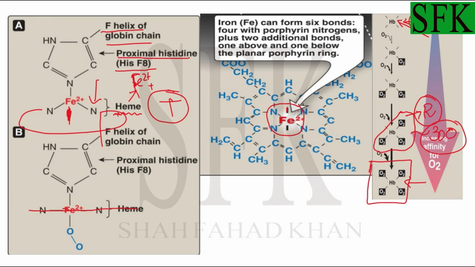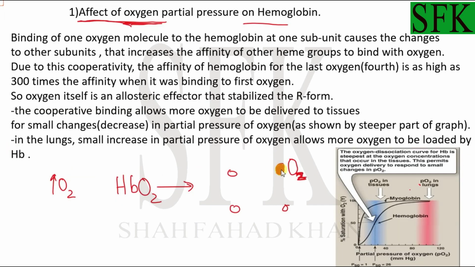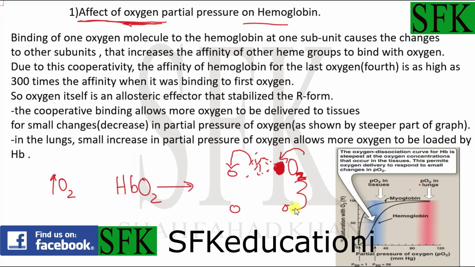If it breaks some of the polar bonds, it interacts with the surrounding globin chain, and so attachment of oxygen at this heme portion changes the affinity of the adjacent hemes to accept oxygen.